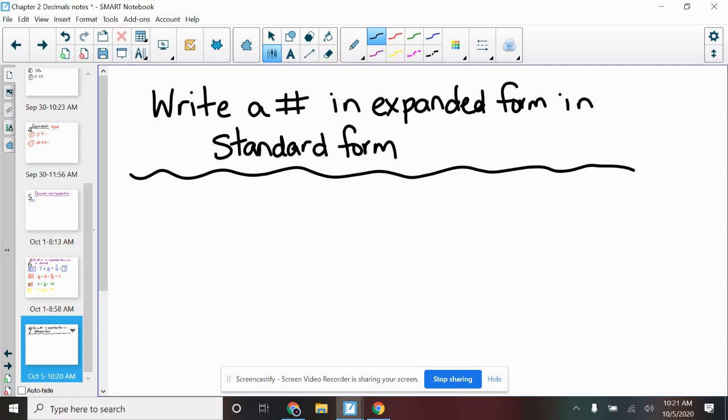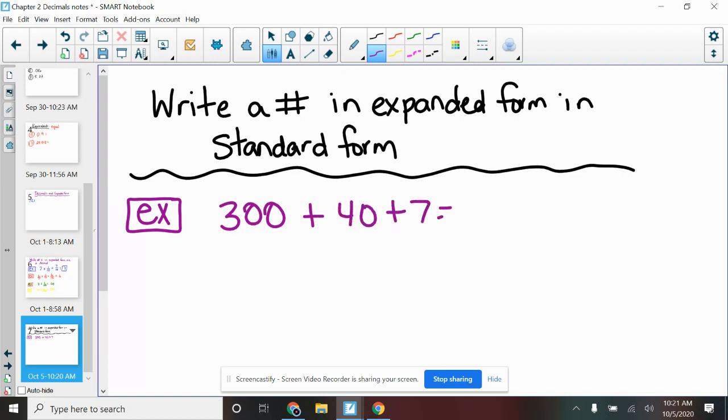So it's always easiest to start with what we know how to do. If this didn't have any decimals with it, and it was just a whole number, that's expanded form, right?